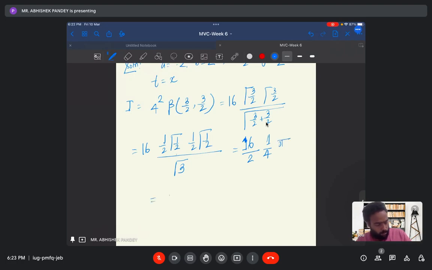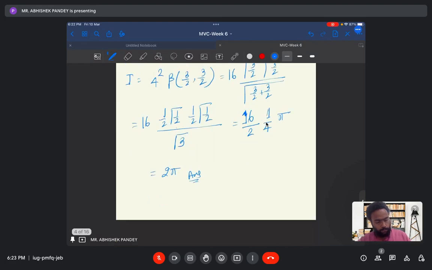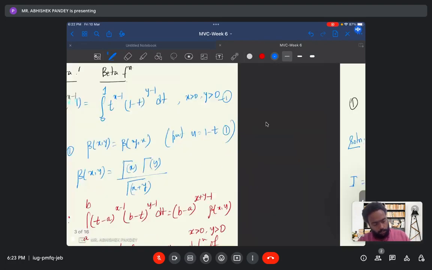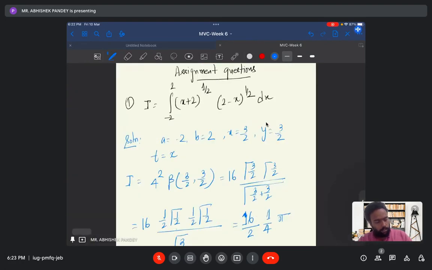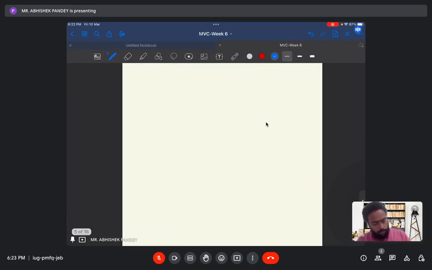So the total comes to 2 pi, and this is your answer. Basically, we have used this result and the relation between gamma and beta functions.